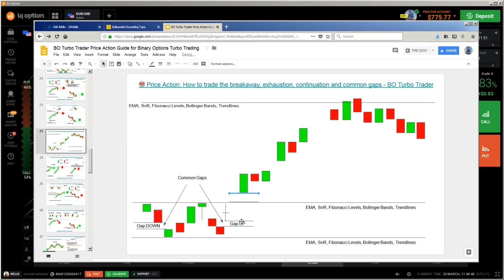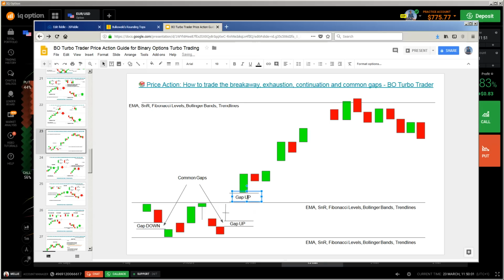It could also go below, but this kind of gap is called the breakaway gap, and it's clear why, because we are going to break out. There's a breakout, and then it's gapping.